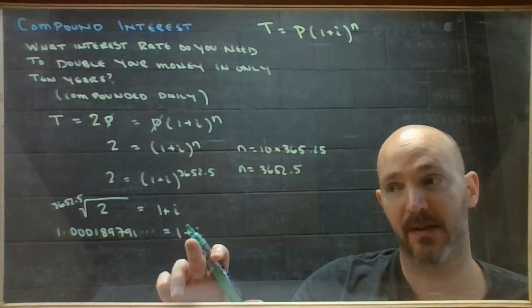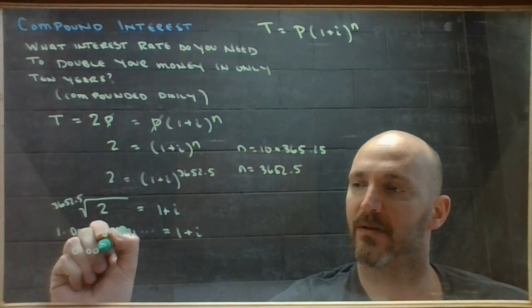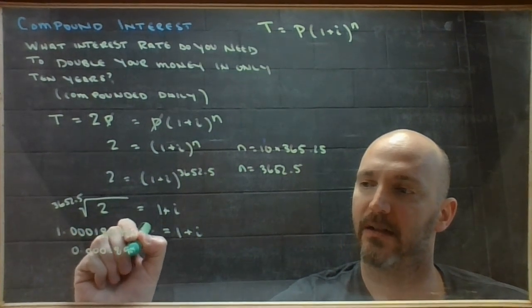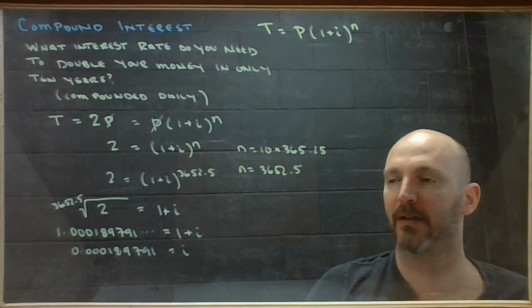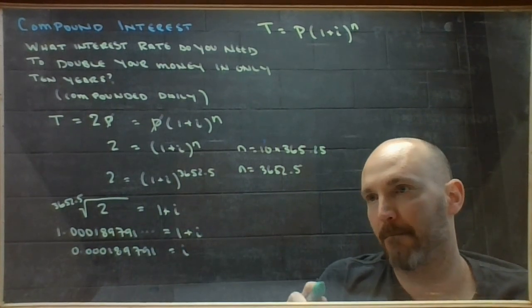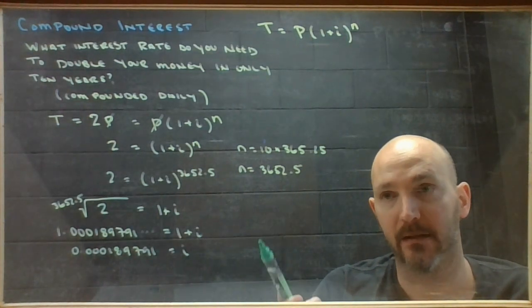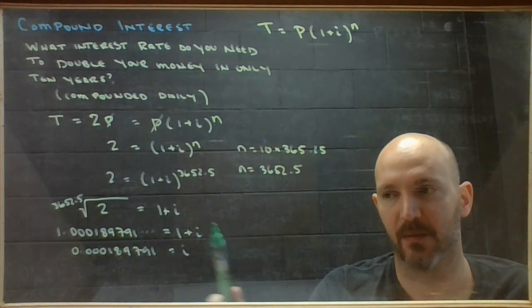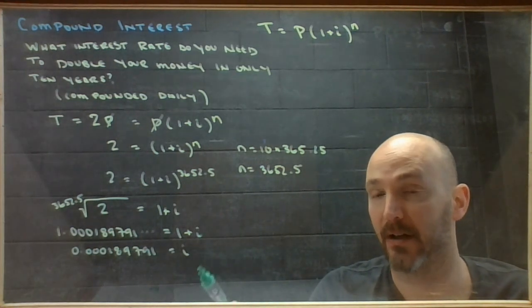And I just have to subtract 1 from both sides, giving me 0.000189791 is my interest rate. That's a very small number. But again, it's sort of like the last example. This number that comes out at the end, this is per compounding period.